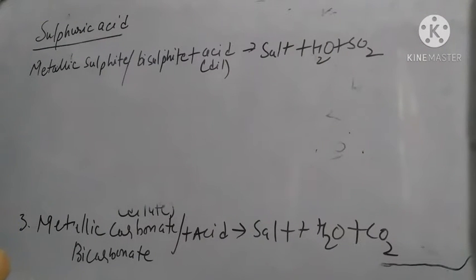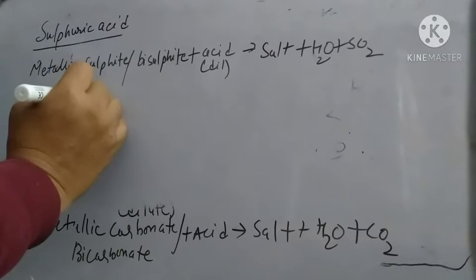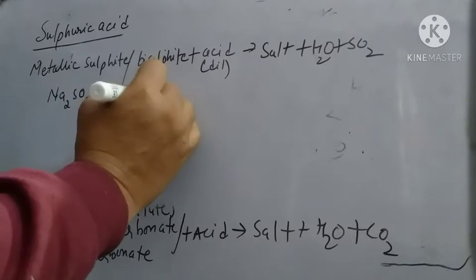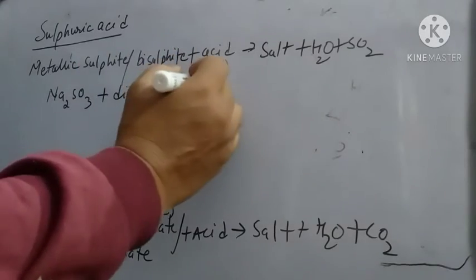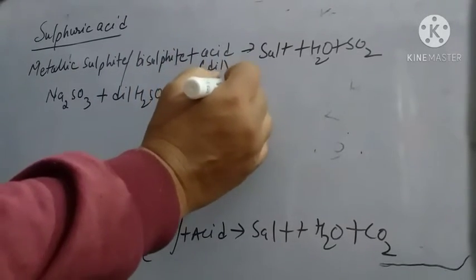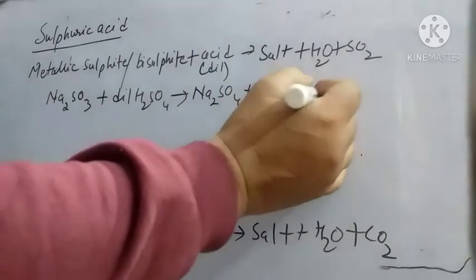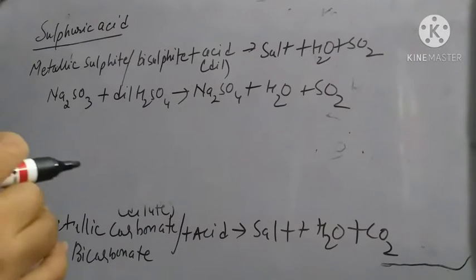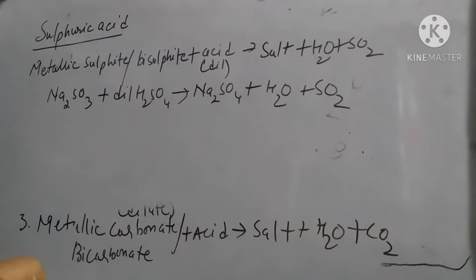So if we take the example of sodium sulfite plus dilute sulfuric acid, first the salt will be formed, that is sodium sulfate, plus water plus sulfur dioxide. Now it is in the balanced form.